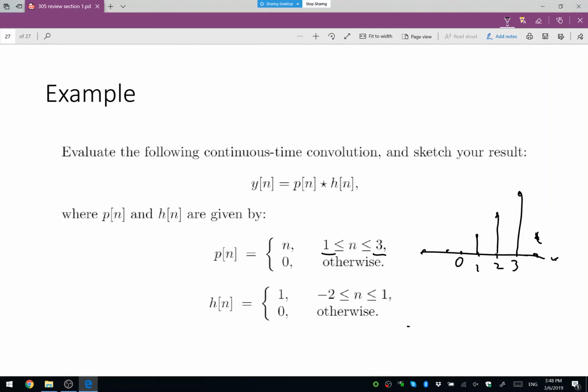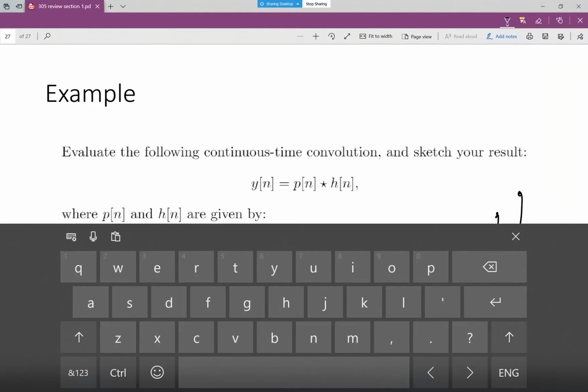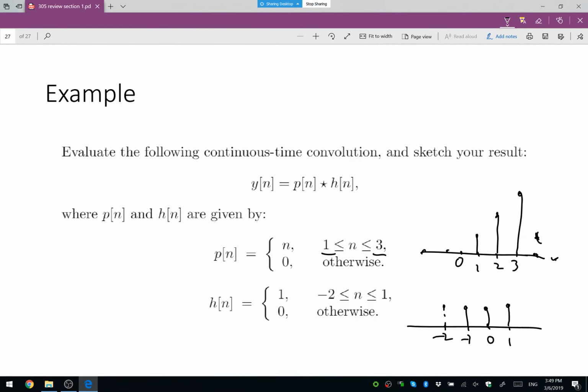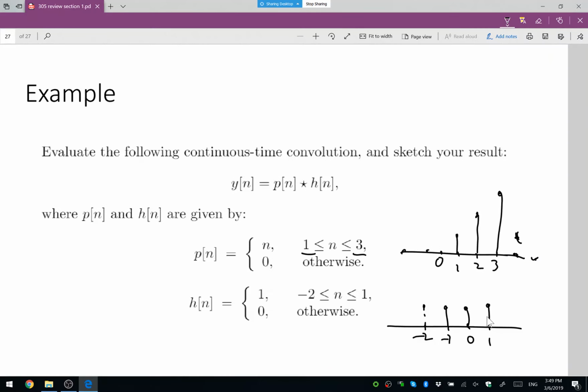And the second one is from -2 to 1, -1, -2. So it looks like this. So still, we can choose one to stay and one to move. Well, similar because they both have two boundaries, but maybe this one to move because they are all ones.